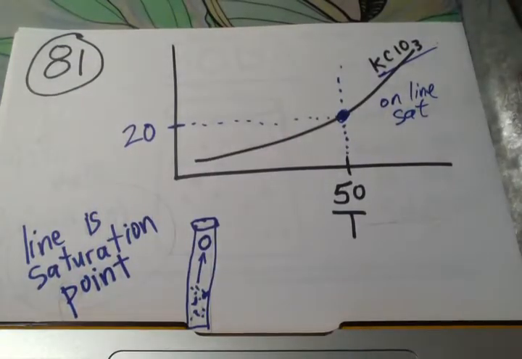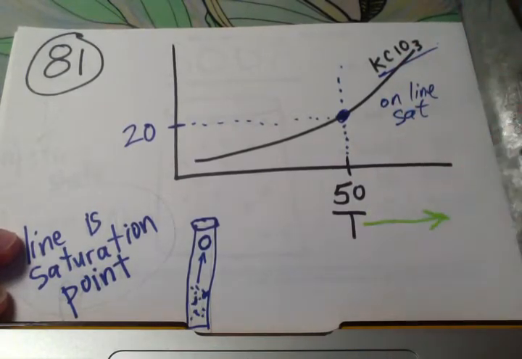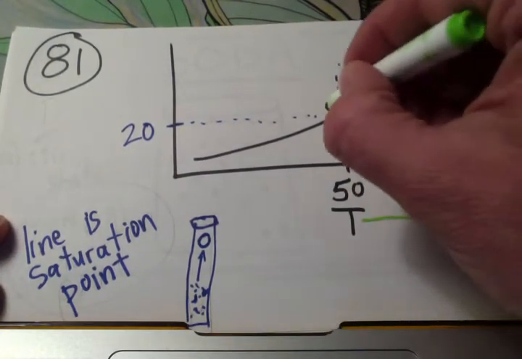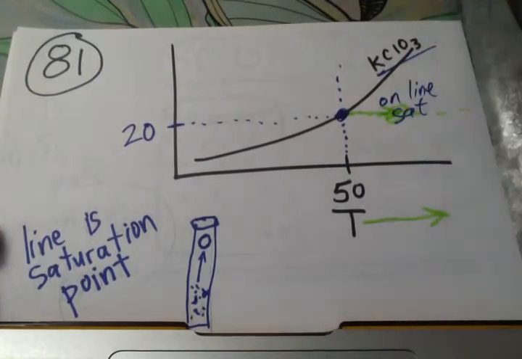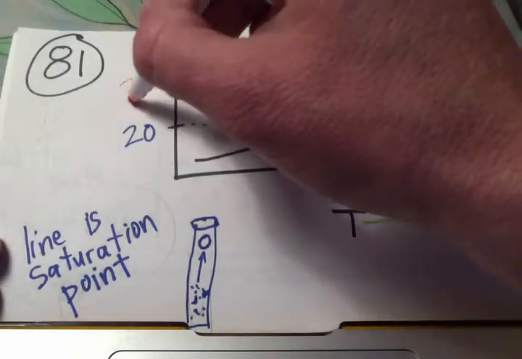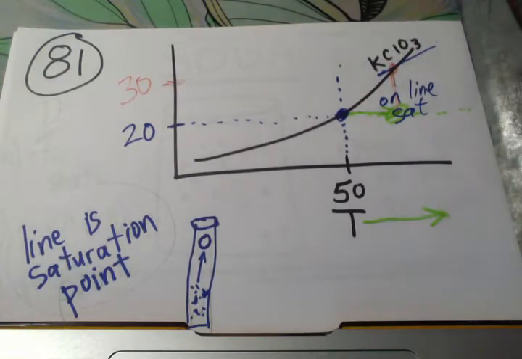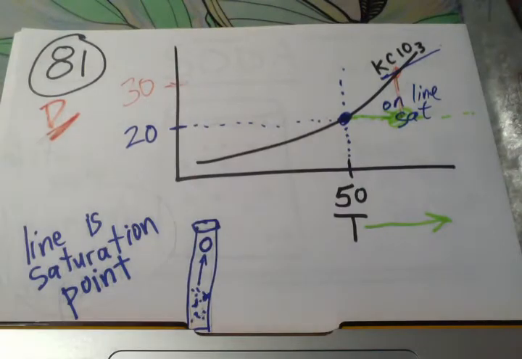Okay, so what does the question say? You have to think, am I going to move this way? And I think it does. The temperature says you increase. If you increase temperature and you still keep your 20 grams in, well, now I've got room. I can go up. I could dump in like 30 or something to get up there. So if I heat it up, I've got more room. It becomes unsaturated.